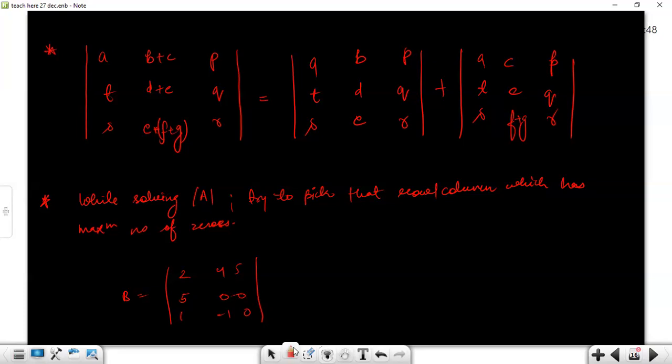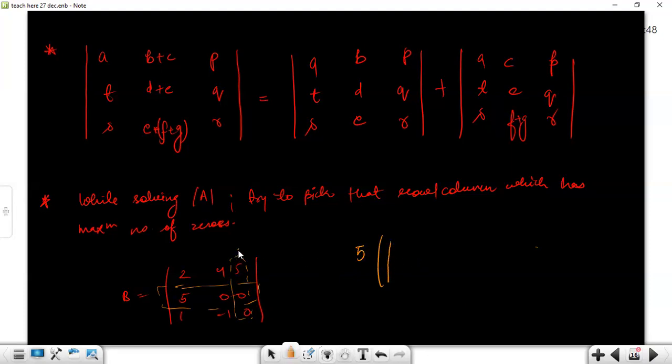In the second row you can see there are two zeros, but in the third row there are also two zeros. So we may pick any. Let's pick the third row to find the determinant. First of all, the first element of the third row, 5, into the multiplication of its cofactor.